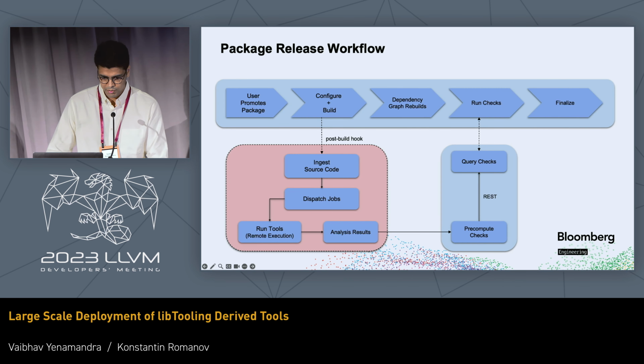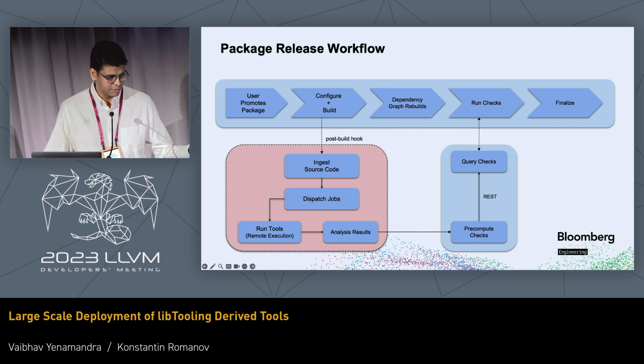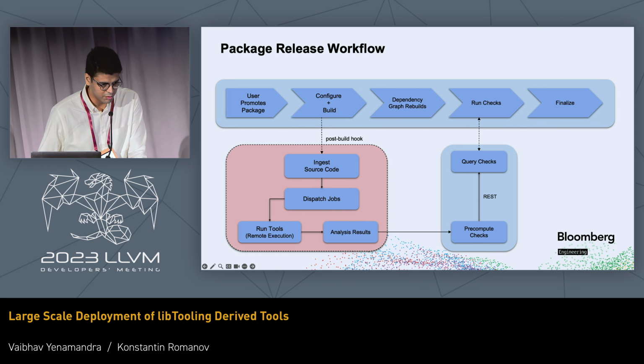So on the top, you have a rough slice of the release workflow as it is today. First, you have the promotion step, which is basically a release. Then you have the configure, then the dependency graph rebuilds, then you run the checks, and then you finalize your package. We hook into the post-build step in this because that is the point where we have all the information available that we need to analyze the package.